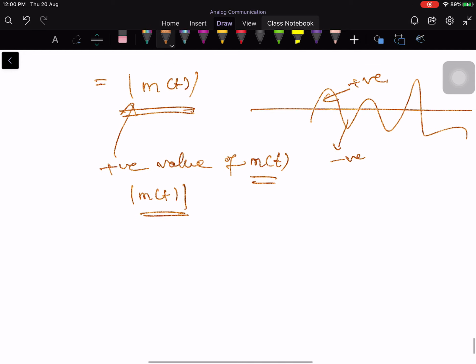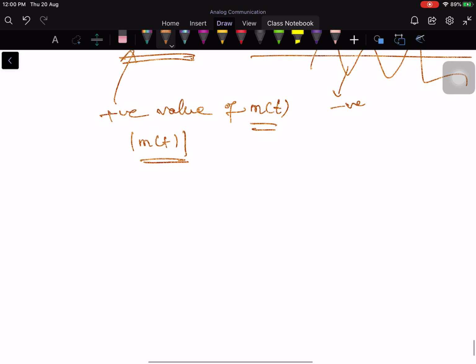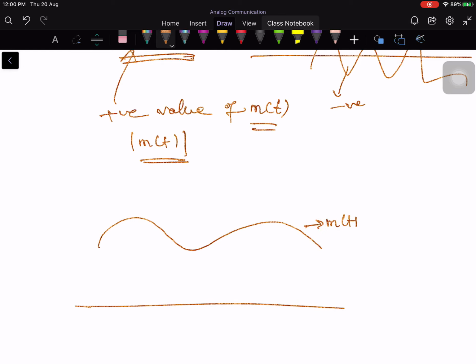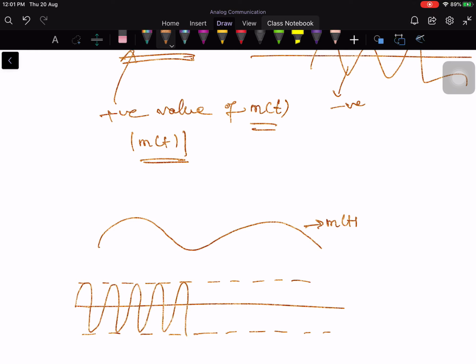For example, the original signal was like this, slowly varying signal. This is my m of t. Now this is my carrier, and the carrier is oscillating like this with a certain frequency omega naught.